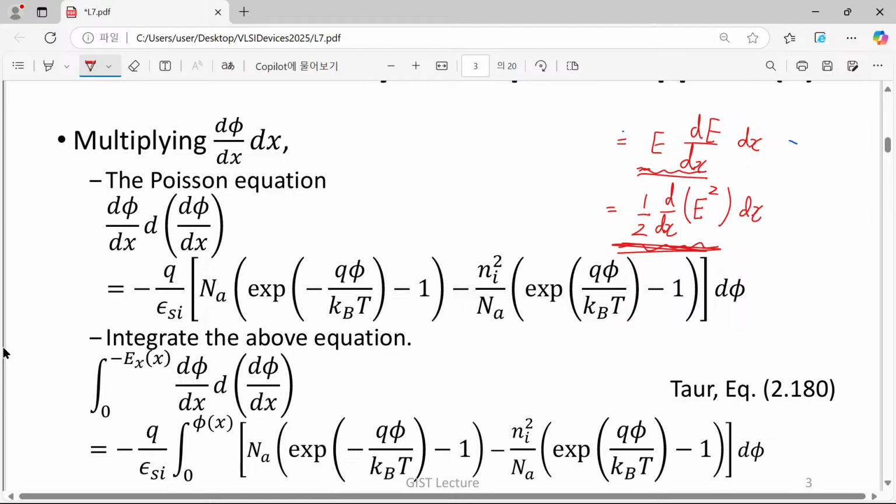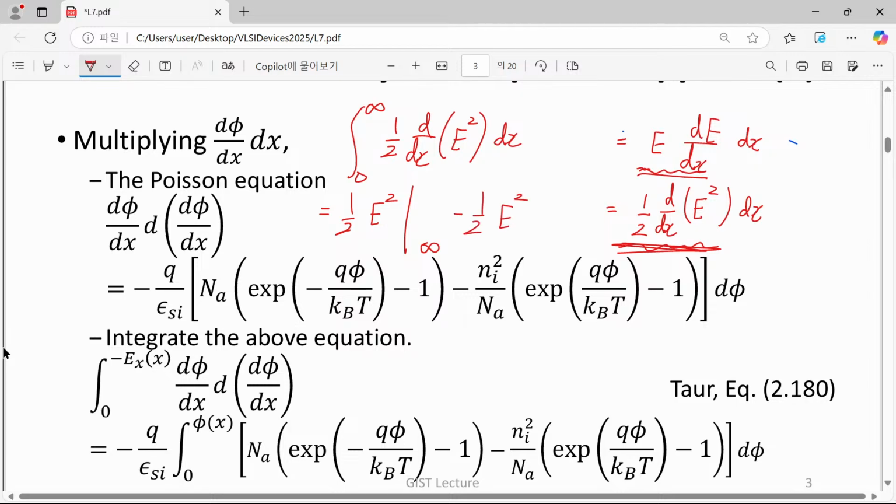Starting from 0 to infinity, I would like to integrate the first derivative of a squared electric field, and it will give us half times the squared electric field evaluated at infinity position minus half of the electric field squared evaluated at 0 position.